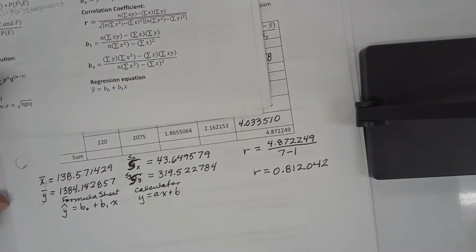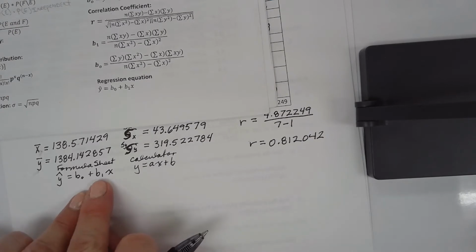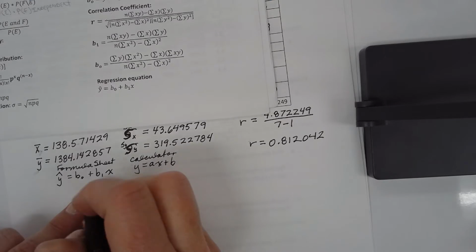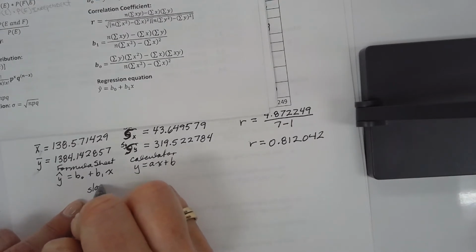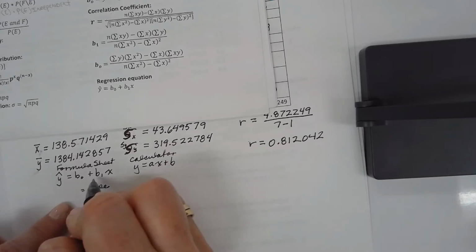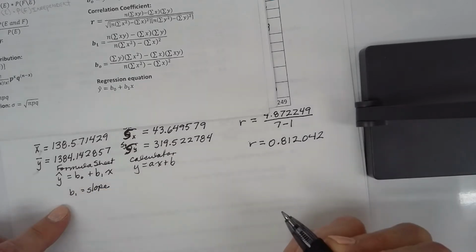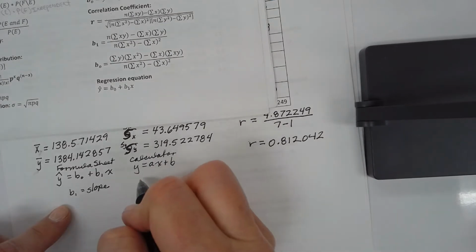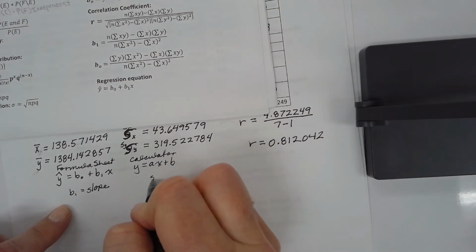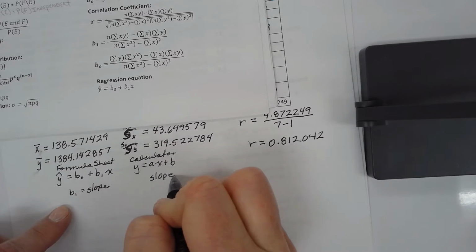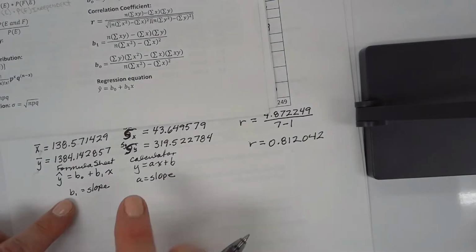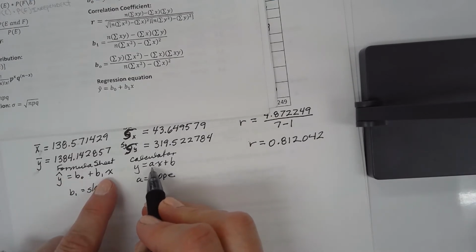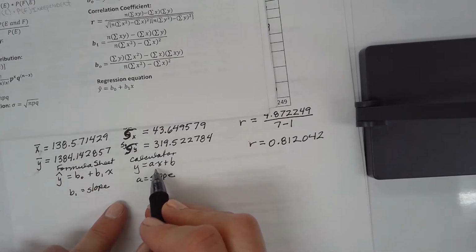Okay, so the one next to the x, the one that's multiplied by the x, is the slope. Okay, so in this case, the slope is b1, b sub 1. Okay, over here, the slope is a. So if it asks you to find the slope, what you're looking for is the one that's next to the x. Okay?